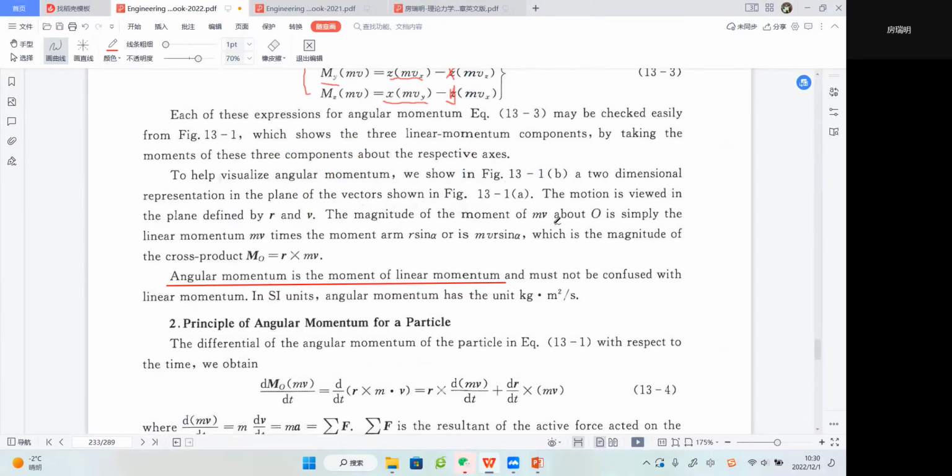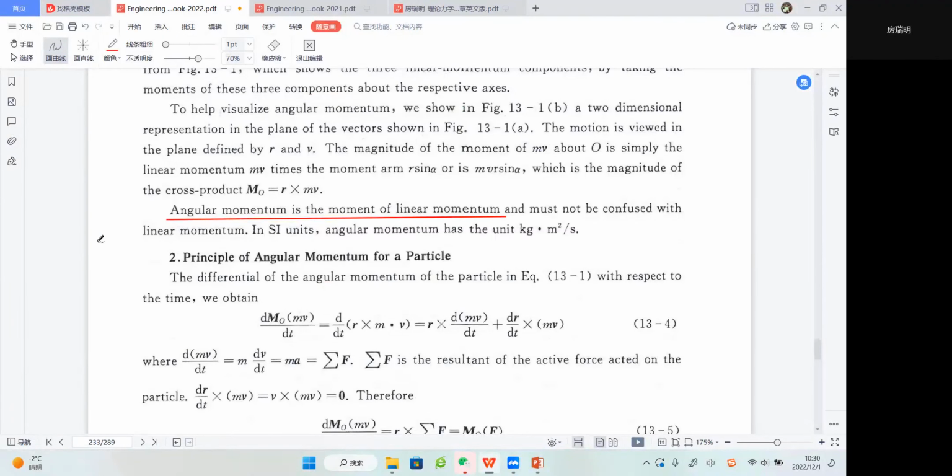The magnitude of the moment of mv about O is simply the linear momentum mv times the moment arm r sine alpha, or mv r sine alpha, which is the magnitude of the cross product M_O equals r cross mv. So angular momentum is the moment of linear momentum about a point.